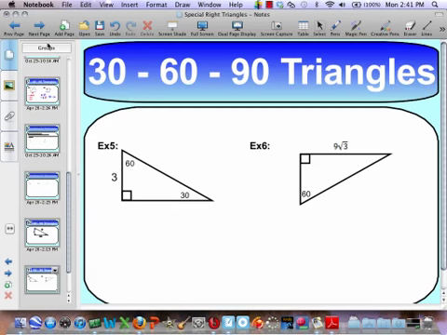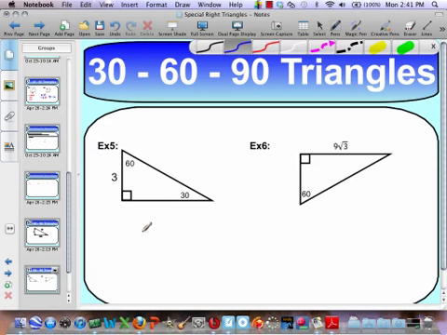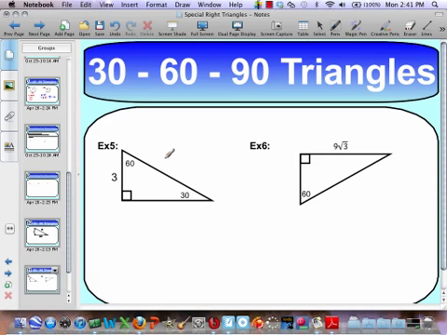So here we go. Take a look at number 5. Bryce, what's my hypotenuse on number 5? Very good. Shannon, what's the longer leg?